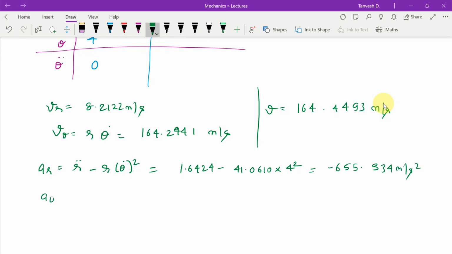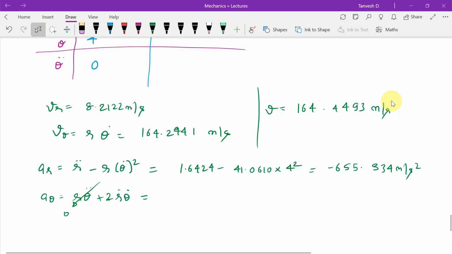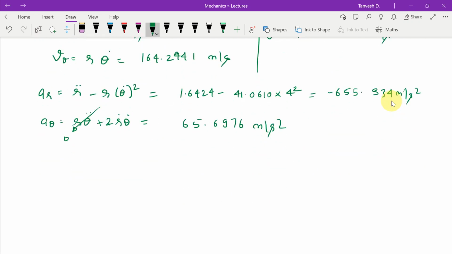A theta is equal to r theta double dot plus 2 r dot theta dot, where theta double dot is 0, and 2 r dot theta dot, so this would become 65.6976 meters per second squared. The total acceleration magnitude A is 658.6189 meters per second squared.